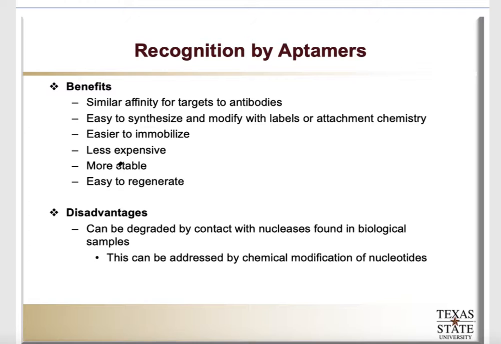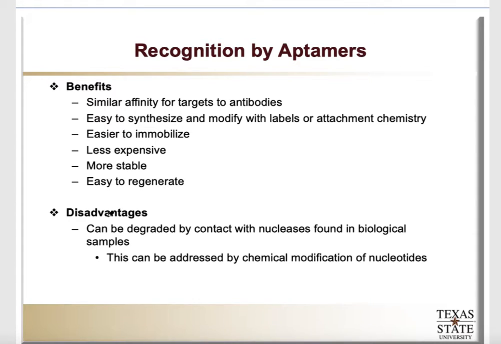They are more stable than proteins for sure, even though we still have to be careful because, as I mentioned, they are labile to the action of nucleases. And they are easy to regenerate. As I mentioned, you can denature your nucleic acid, and after you remove the input, whether that was temperature or changes in pH or something like that, the aptamer can refold again once you reach back to the original conditions.